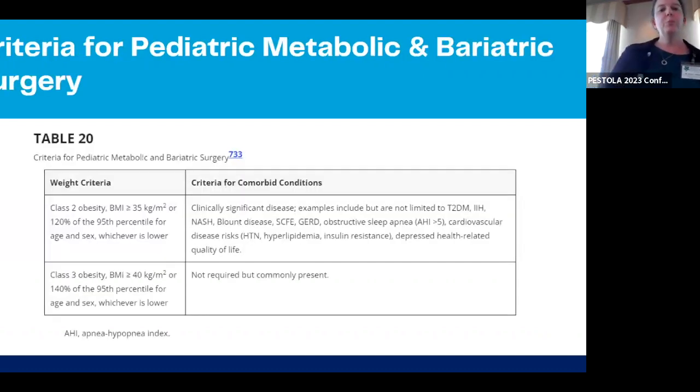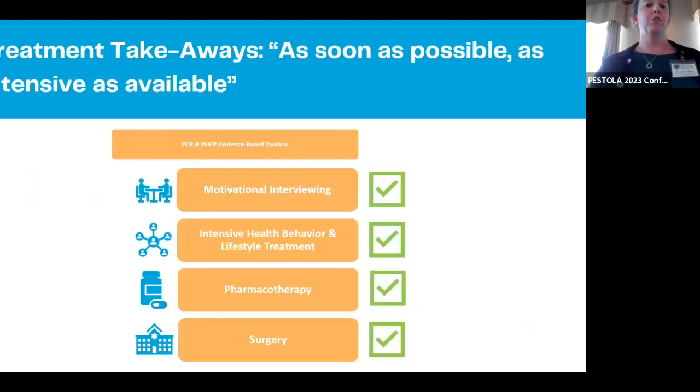The criteria for surgery per the new guidelines was class 2 obesity with a clinically significant disease, and are now class 3 obesity, so BMI over 40 or 140% of the 95th percentile, not even having a comorbidity required with the new AAP guideline.